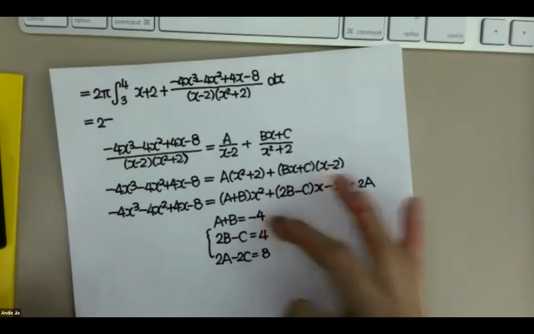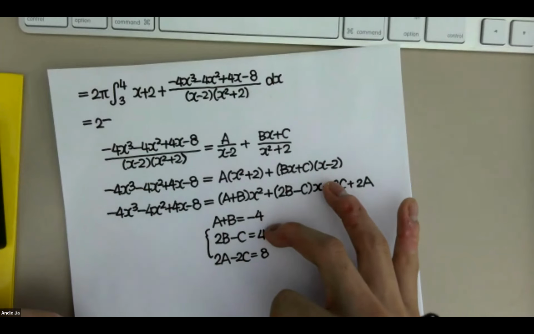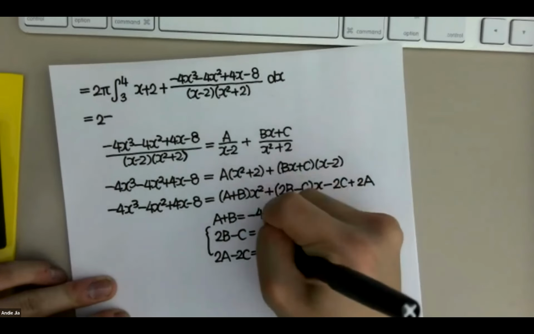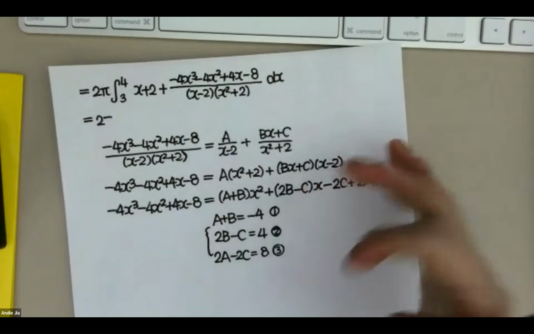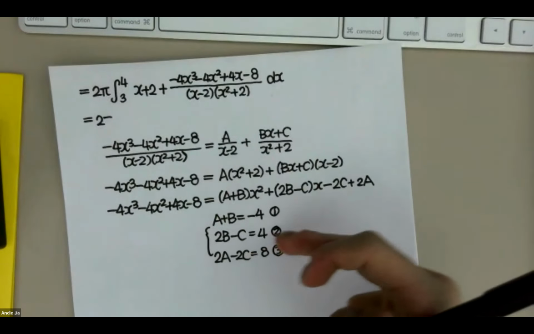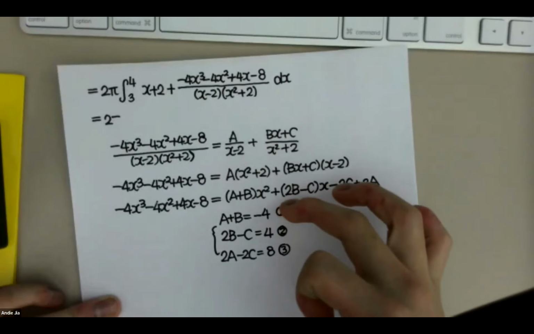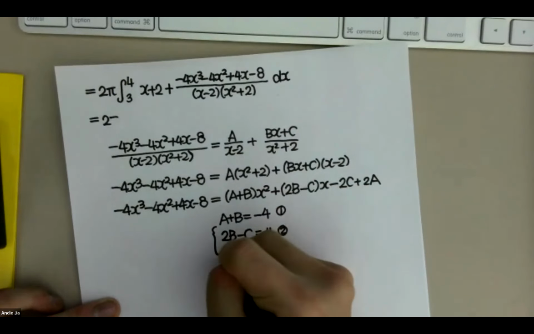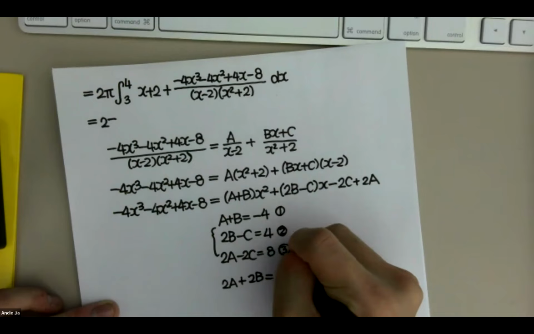Now we try to solve for this linear system. Now we times this 1, 2, 3. Because this one is not as easy as the last one. So if we multiply 1 by 2, we get 2A plus 2B is going to be negative 8.